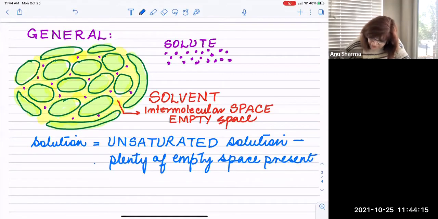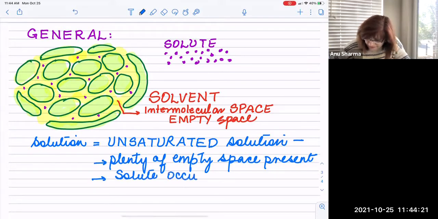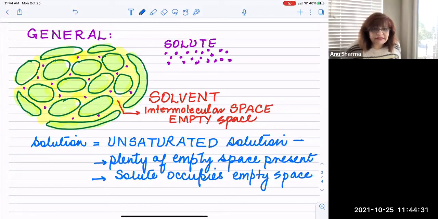In that case, the solute occupies empty space, but plenty of empty space is still present.